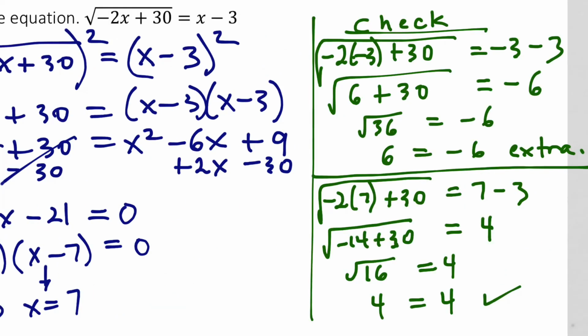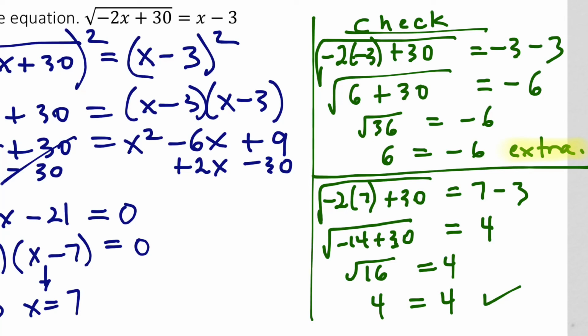All right, so I'm going to take -3 and plug it back into my original equation in 2 places. Simplify down, and I end up with the square root of 36, which is 6, equal to -6, which is a false statement. So I've got an extraneous solution for x is equal to -3.